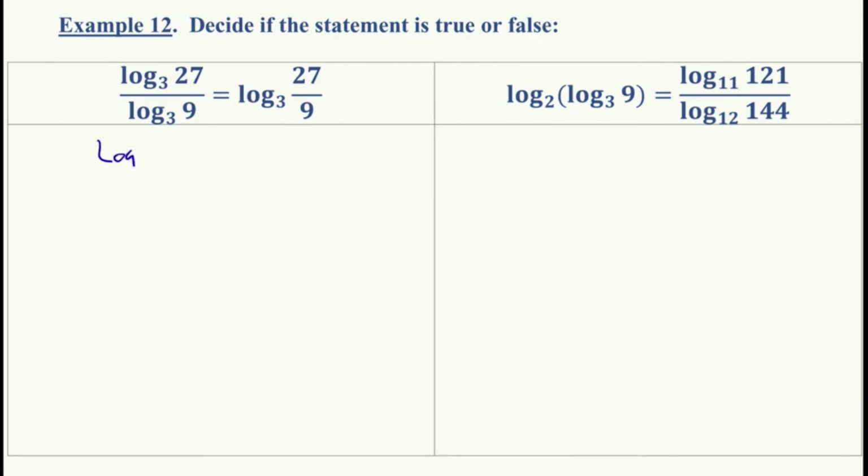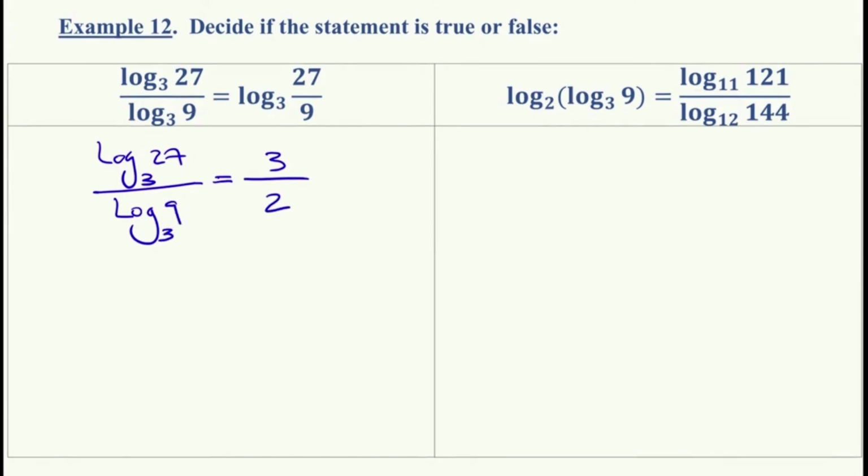We have log base 3 of 27 over log base 3 of 9. We know what log base 3 of 27 is. 3 to what power is 27? You said it, 3. And we know what log base 3 of 9 is. 3 to what power is 9? And the answer is 2.